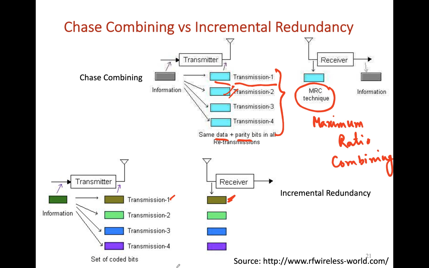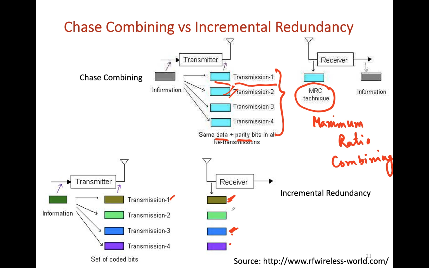And you can have different combination of codes in different retransmissions, and then in the receiver you can see which one gives you less error or no error, and then you can find out the original information from them.